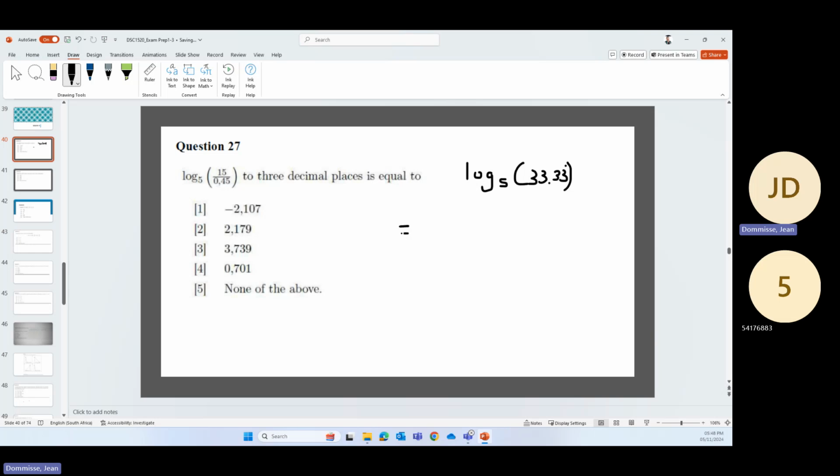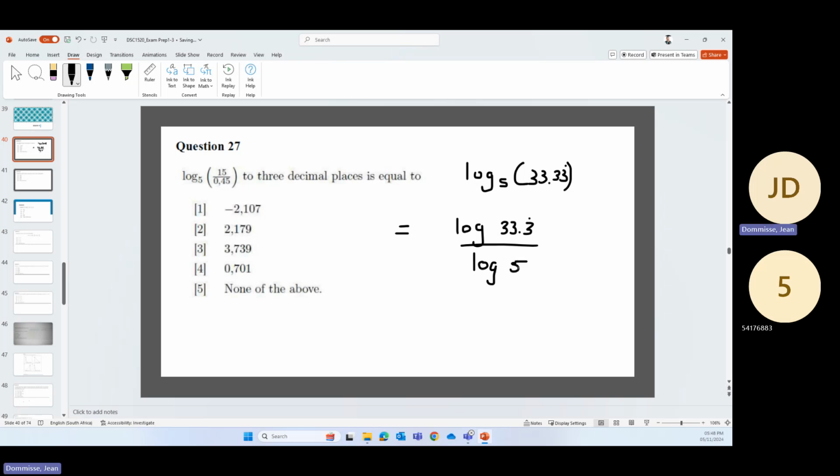The way we are allowed to do that is through the log rule: log 33.3 divided by log 5 will give us the answer we're looking for.